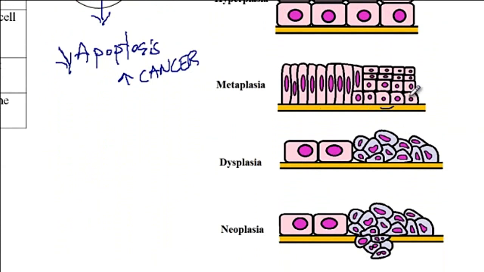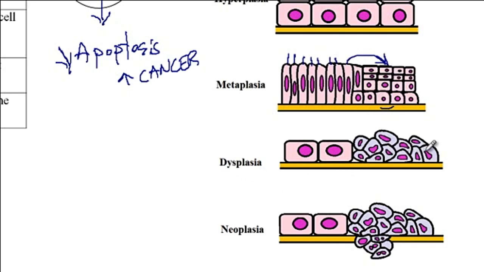So for example, the squamous cells of the lower esophagus, after repeated exposure to stomach acid, transform into non-ciliated columnar cells, and this condition is referred to as Barrett's esophagus. Alternatively, the ciliated columnar cells inside the trachea or bronchi of smokers can convert into squamous cells, and this is another example of metaplasia.